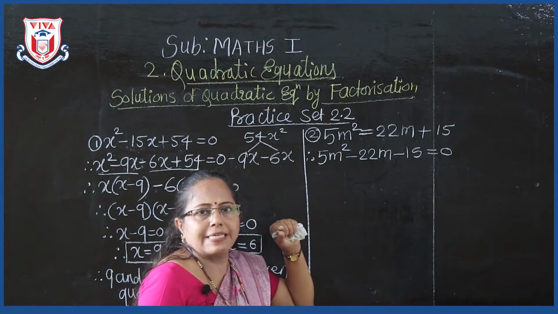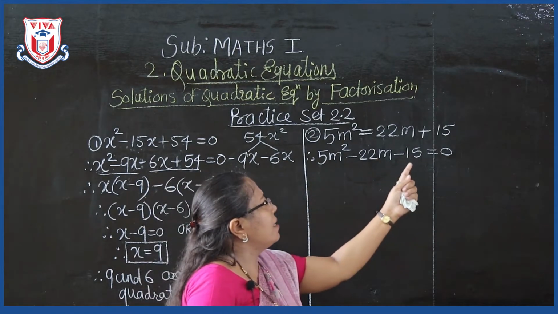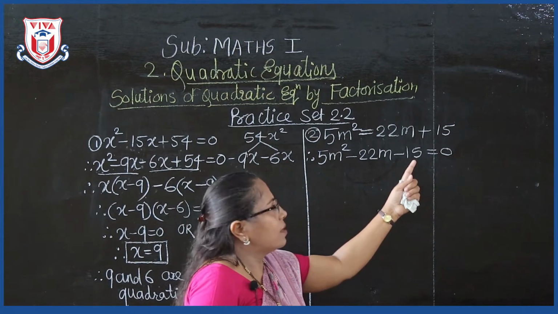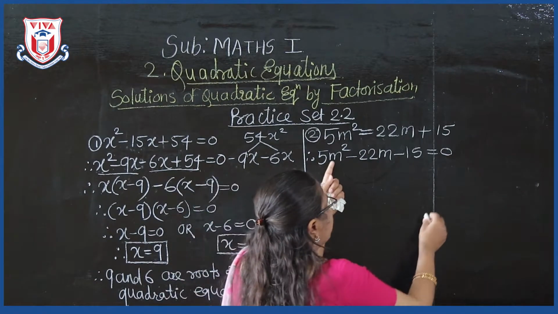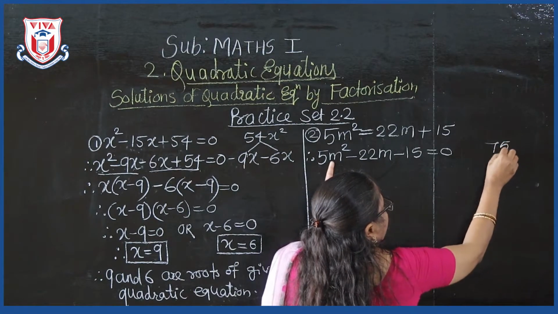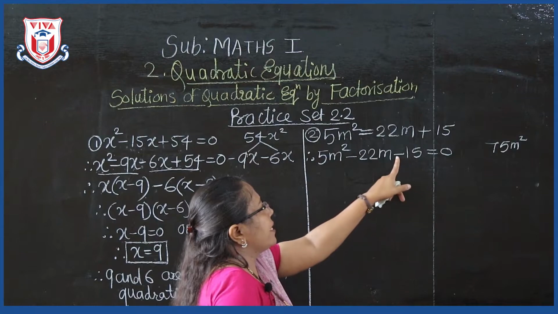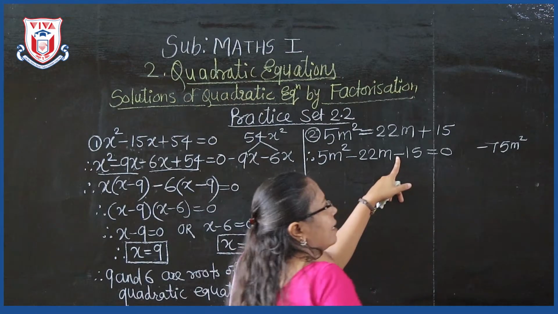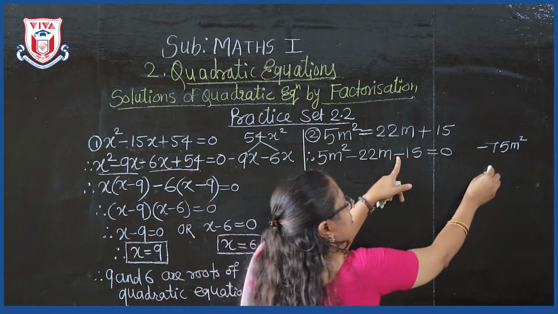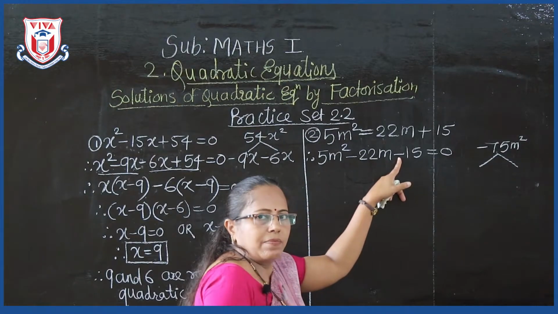Now what is our first step? We have to multiply the first term and the third term. 5 15s are 75 m square. Here 15 has a minus sign, so for the product also we will get a minus sign. And now we have to find the factors of 75.